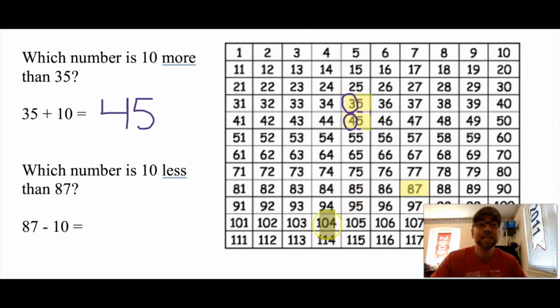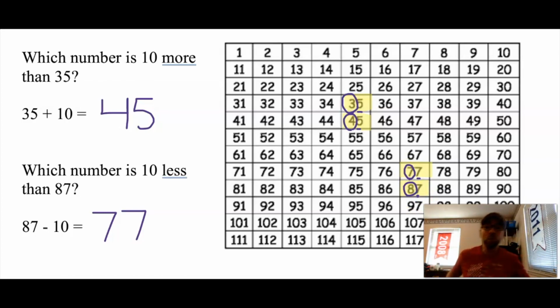There it is. 10 less means I'm going to travel up that elevator one time. 87 minus 10 will give me 77. Notice that the only number that changed was the number in the tens place, and it got less one time. It went from the 80s to the 70s, and the ones digit stayed the same.